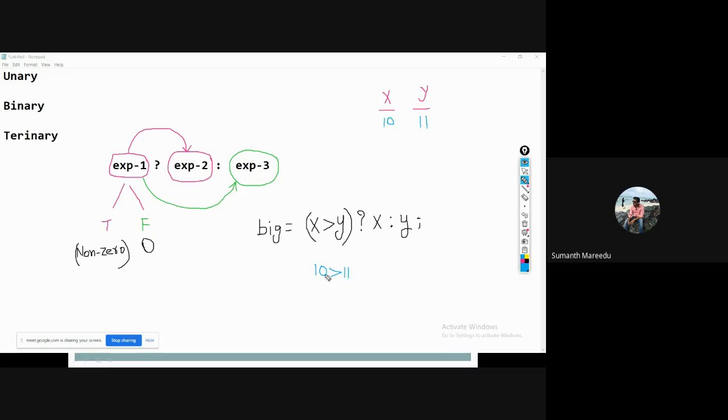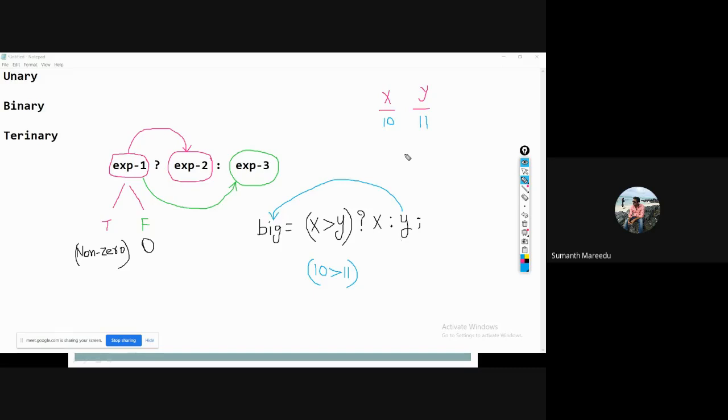True or false? False. So when this is false, expression 3 is considered. It will simply ignore the x part, and that is assigned to this variable big.